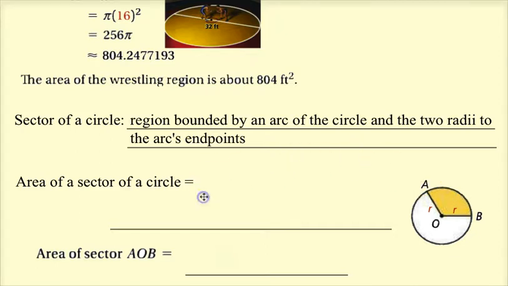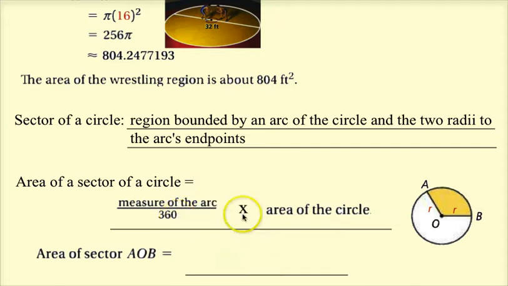Now the area of a sector of a circle equals the measure of the arc over 360 times the area of the circle. This actually makes sense because if I want to find just the area of the shaded region, it's a portion of the circle.